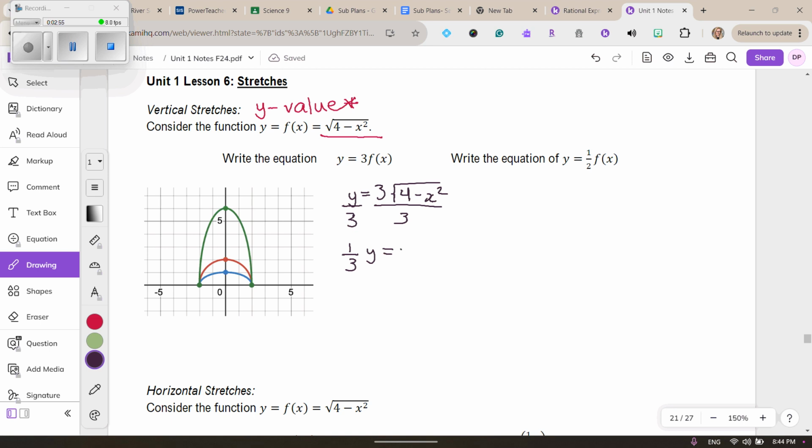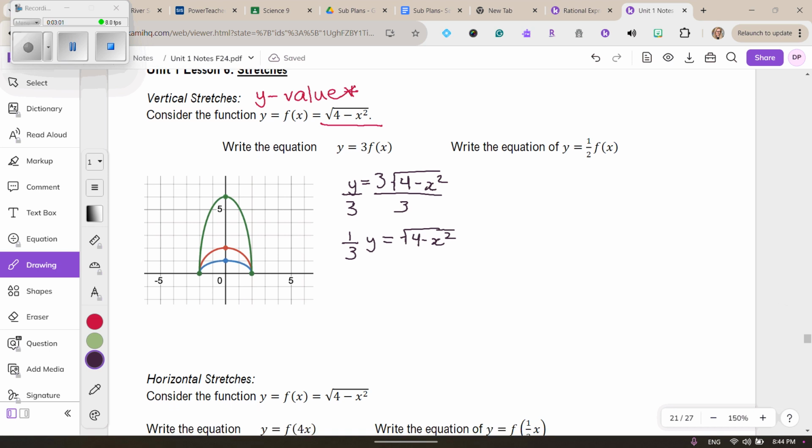And then on the right-hand side, we just have the square root of 4 minus x squared. So now you can see what we had to replace y with. We had to replace y with 1 over 3 y. So the replacement notation would be y is replaced with 1 over 3 y.